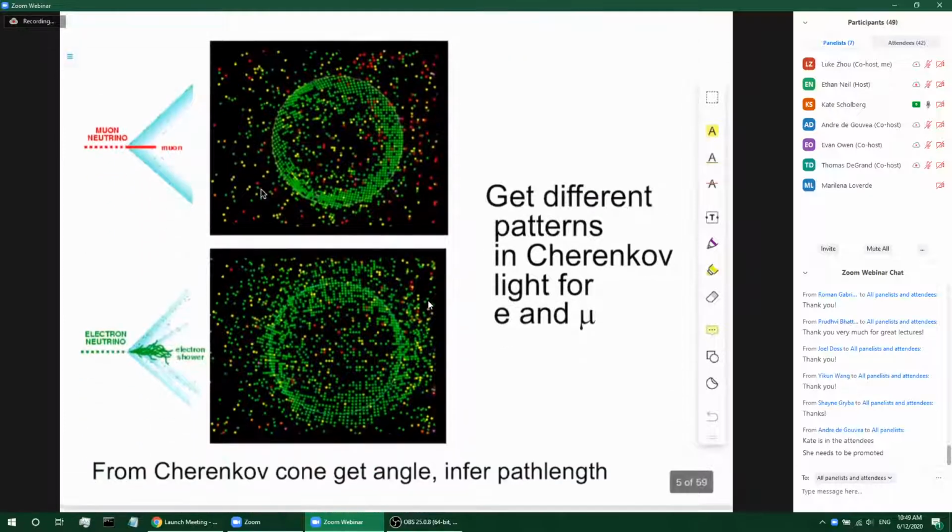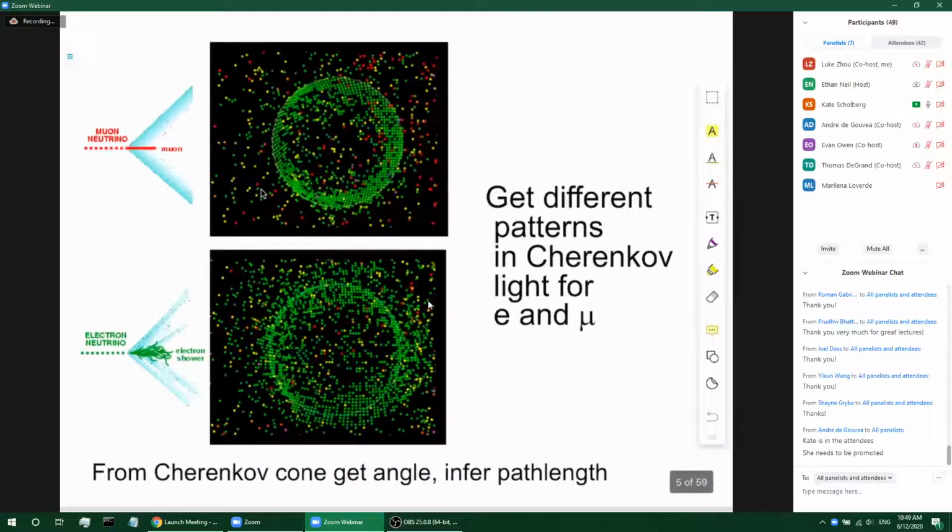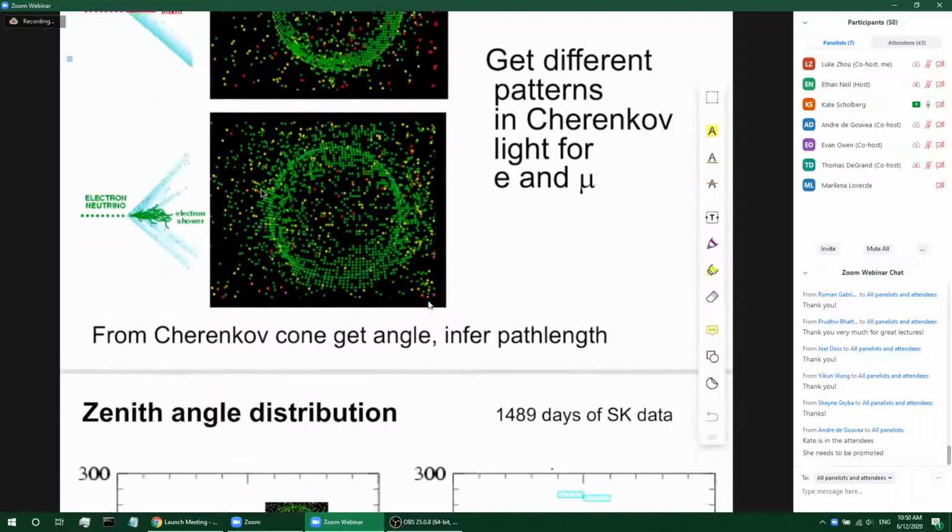And then you know the direction and therefore the baseline by the angle. You can infer the path length from the orientation of the ring that comes from the charged particle, because the charged particle direction, it's not a perfect alignment, but it's relatively well aligned with the incoming neutrino direction. And that alignment actually improves with energy.